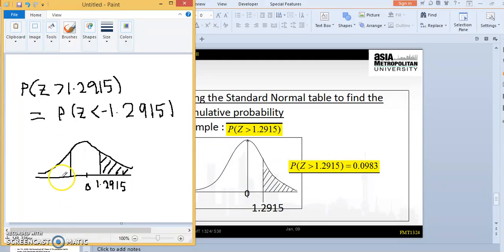The distance from 0 to negative 1.2915 is the same as the distance from 0 to here. Less than would be the left hand side, so this area would be equivalent to this area. So we just have to find z less than negative 1.2915.